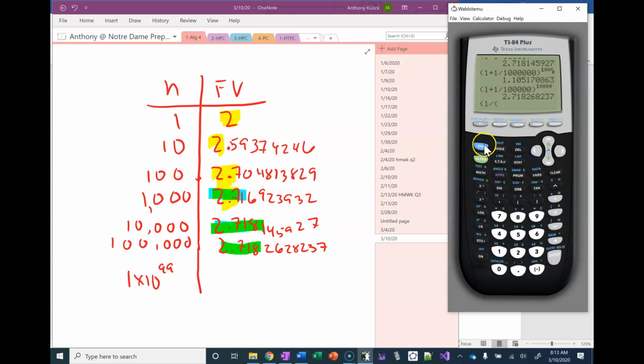I think I better do that. Oh, you gotta be joking me, calculator. All right, well, it's not gonna do that.